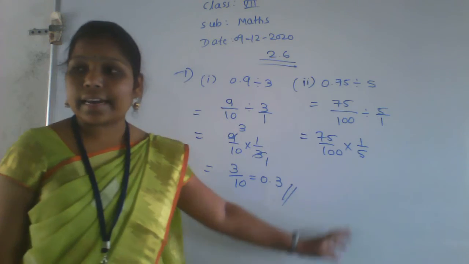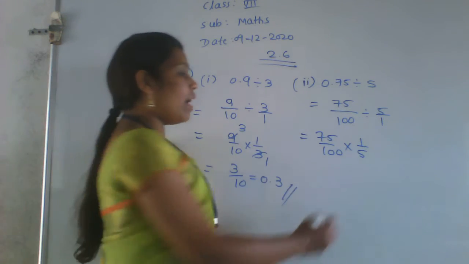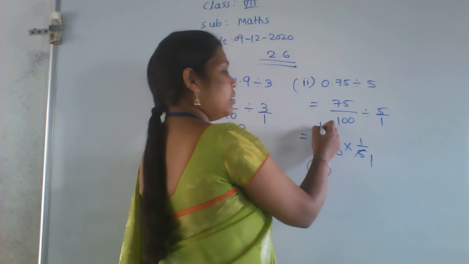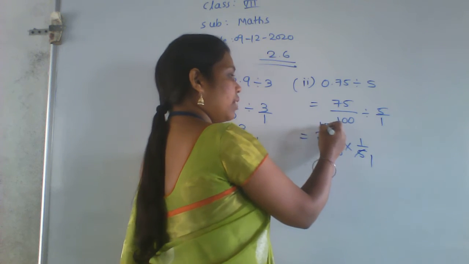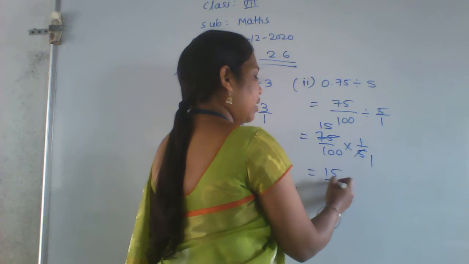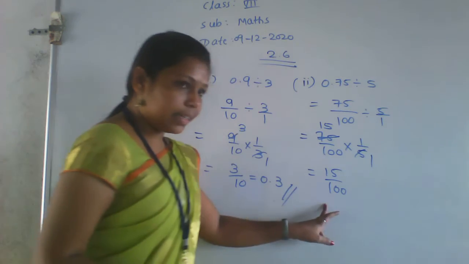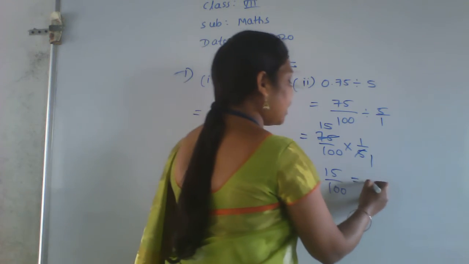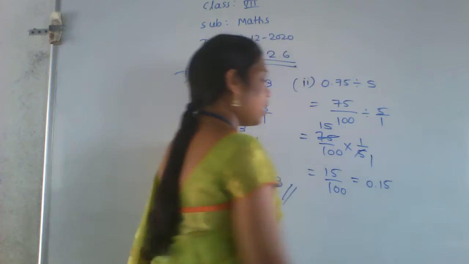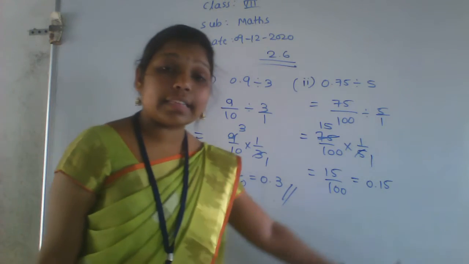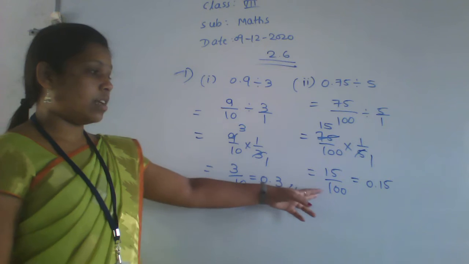You can write like this. 5 ones are 5, 5 fives are 25, 2 left, 5 threes are 15. So 15 by 100 is a correct answer. Otherwise you can write 0.15, which is also a correct answer. Both are correct.